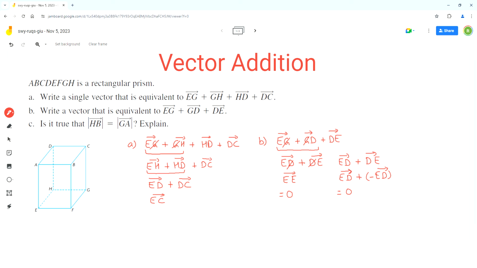Now we can analyze part C. Is it true that the magnitude of HB is equal to the magnitude of GA? Now vector HB represents the diagonal vector from point H to point B. The magnitude of this vector HB represents the length of this diagonal.